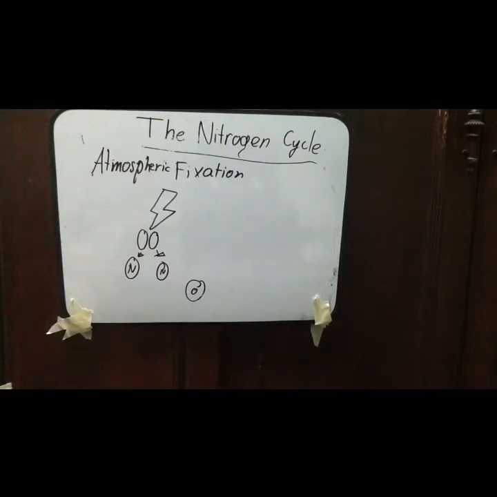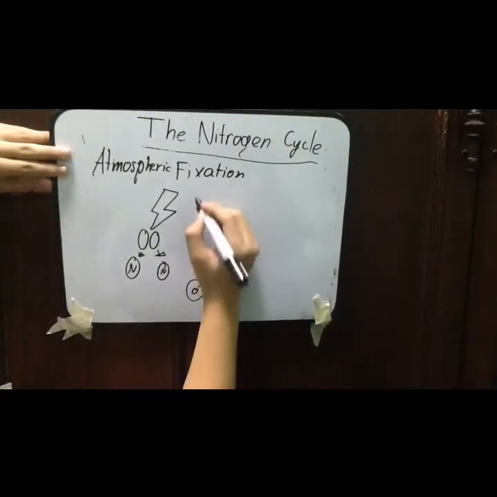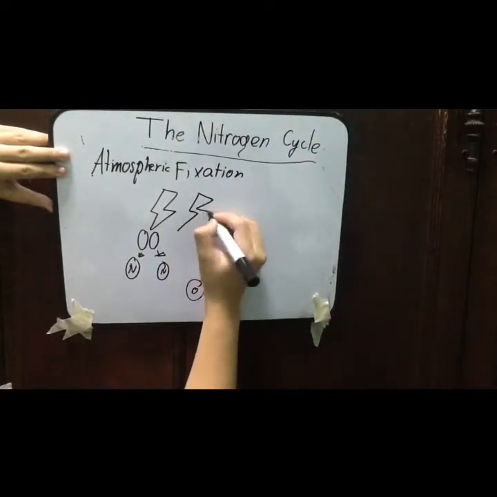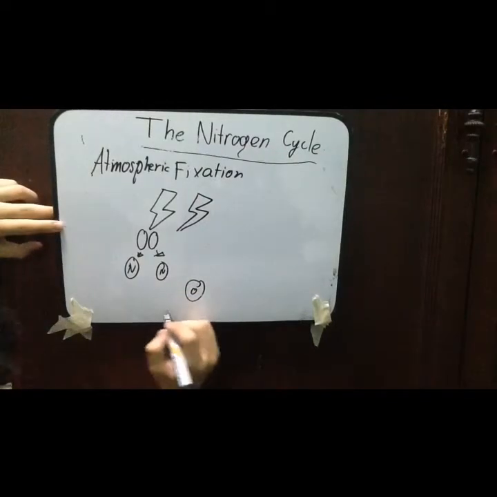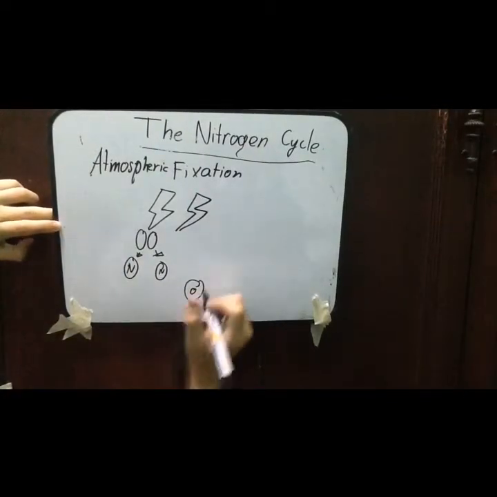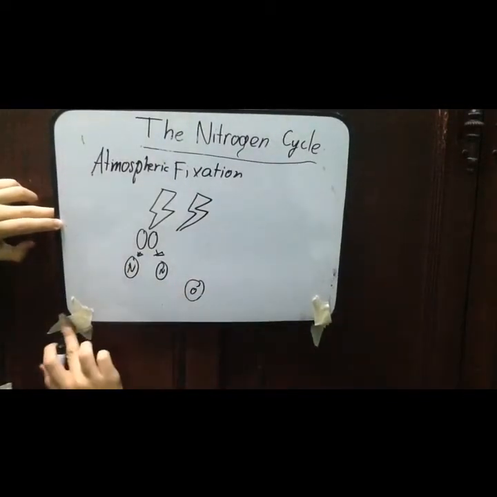Atmospheric fixation, which only makes up about 5 to 8% of the fixation process, uses a huge amount of energy in the form of lightning to break nitrogen atoms apart. When this happens, it allows nitrogen molecules to bond with oxygen atoms.